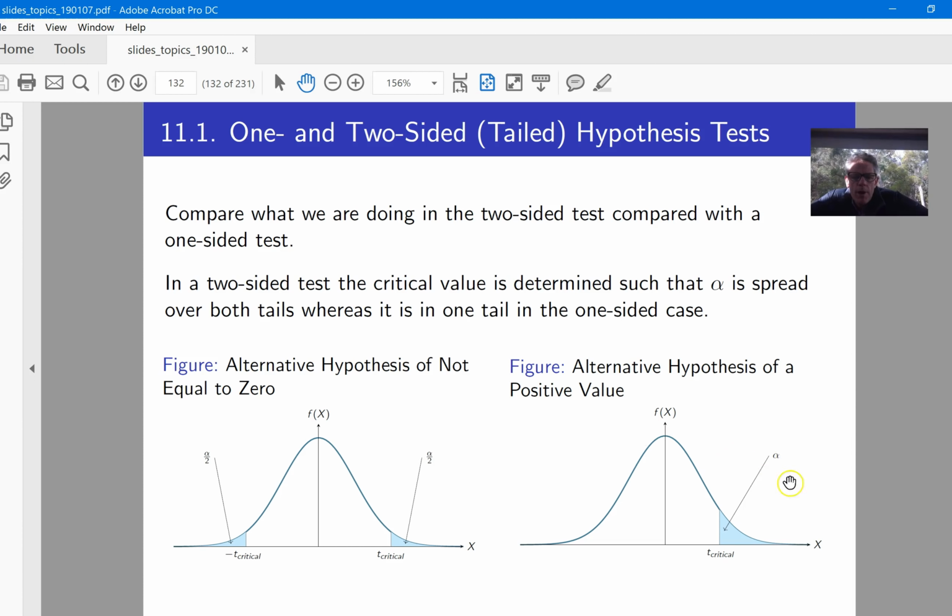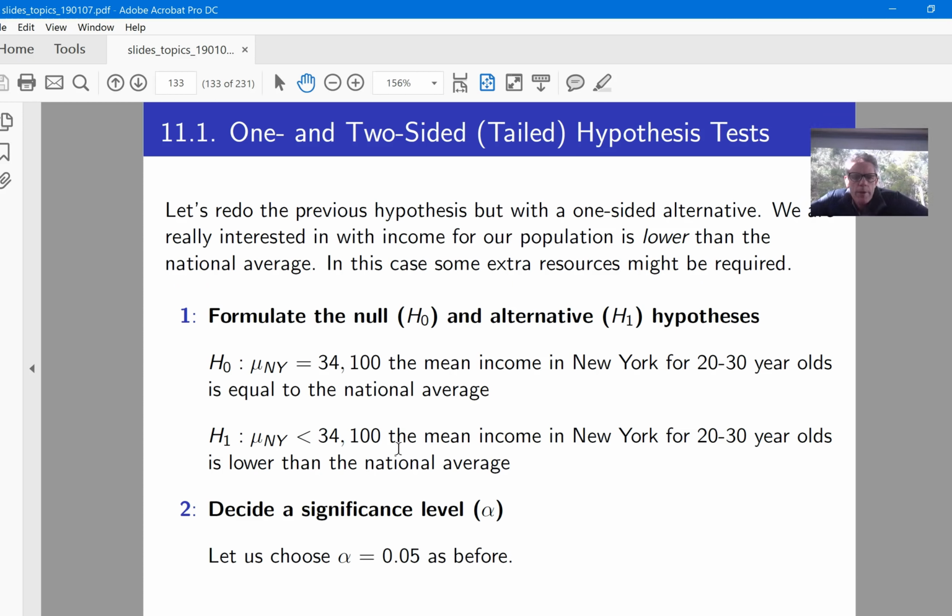When you do a one-sided test, you need to look up the critical value, putting all of that alpha probability in just one of the two tails of the distribution, not in both. And that will give you a slightly different cutoff point between rejecting and not rejecting the null hypothesis.